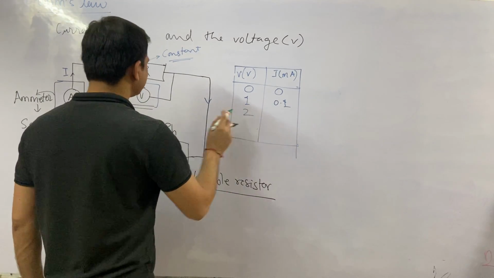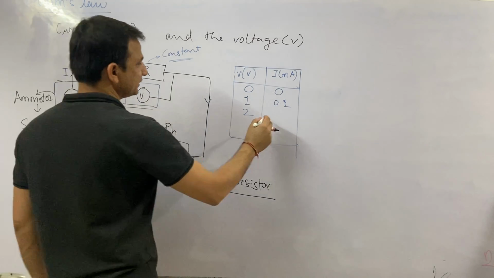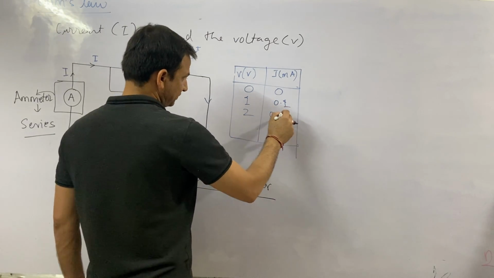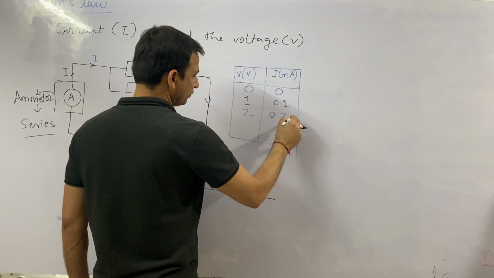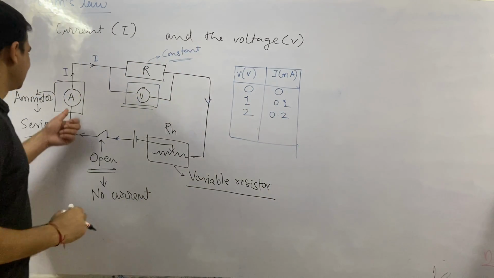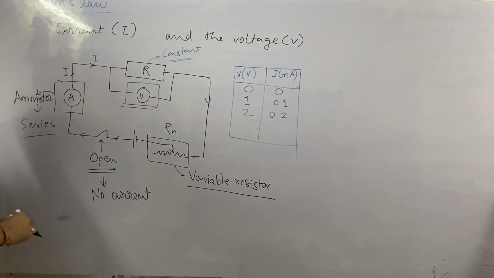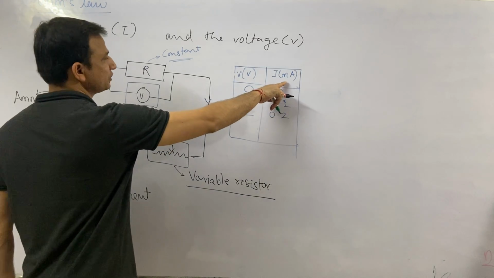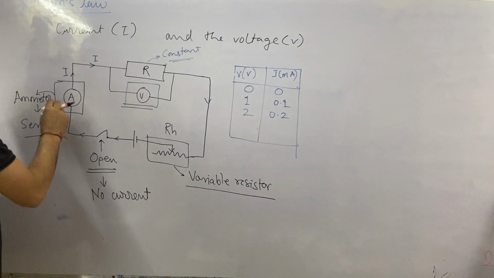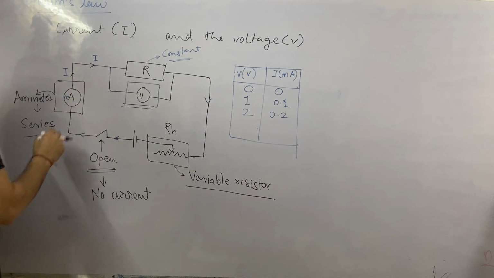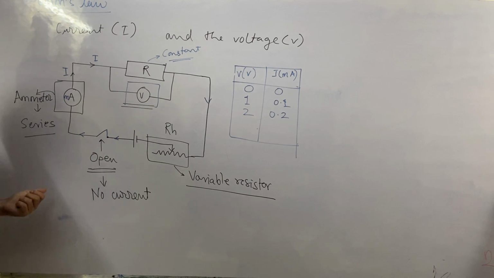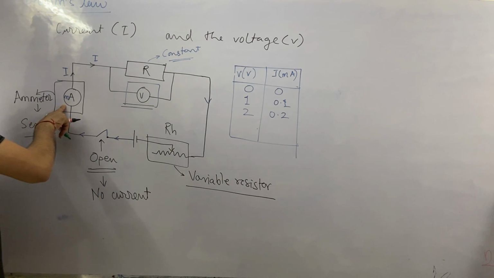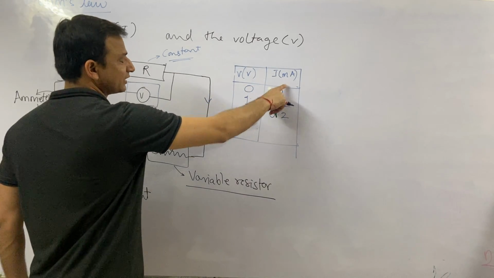Let's say the voltage is 2, then the current will be around 0.2 milliampere. Since I'm using a milliammeter, I should write milliammeter here.